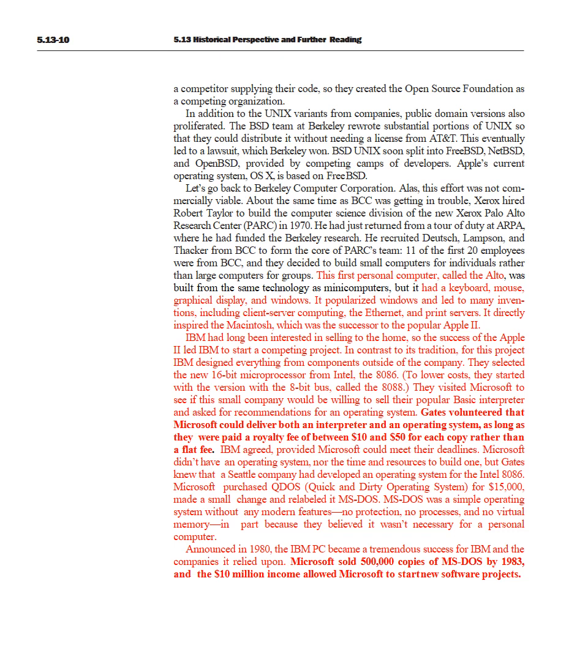So anyway, IBM does get in the marketplace at one time, even though they're used to doing everything themselves, and they put in a cheap little Intel processor at the time, and low cost. They visited Microsoft to see what this small company would be willing to sell, their popular BASIC interpreter, and asked for recommendations for an operating system.